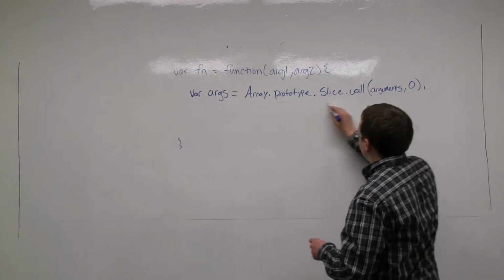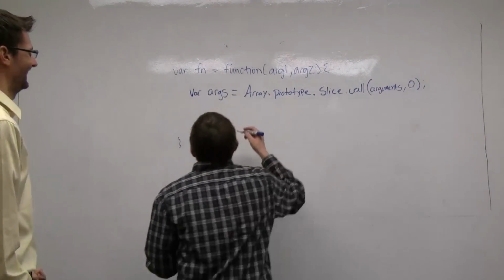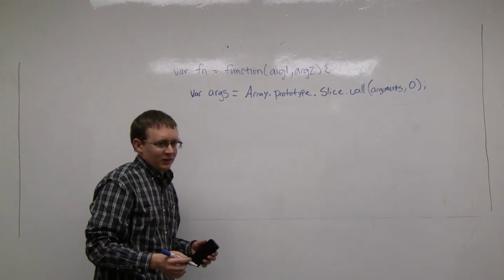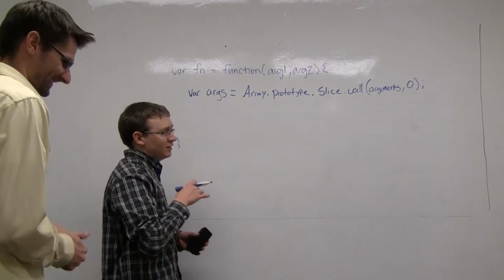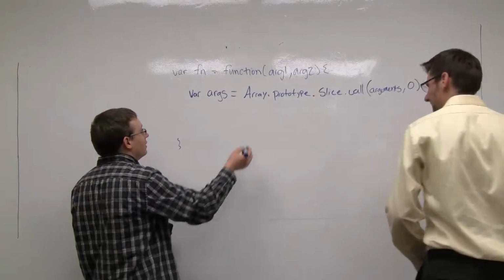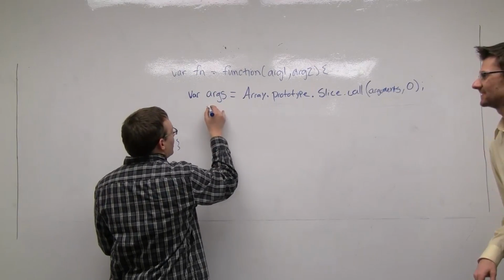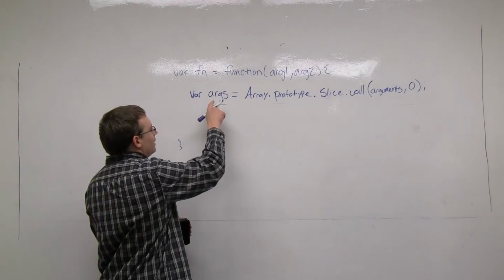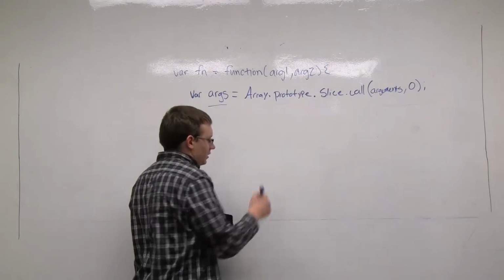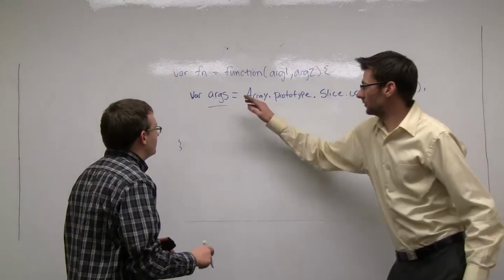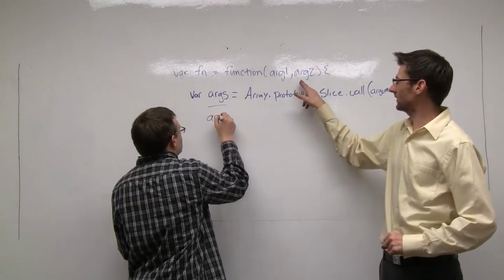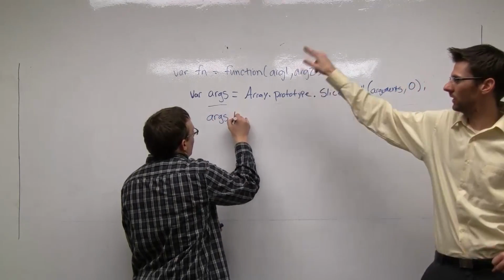Perfect. So by doing this, if that doesn't make any sense to you, I should give you more credit. It probably makes perfect sense. It didn't make sense to me the first 17 times I saw it. Me either. We now have a new array named args that is a copy of all of the arguments. Now, if you were to say args1 equals null, it does not affect the variable arg2.